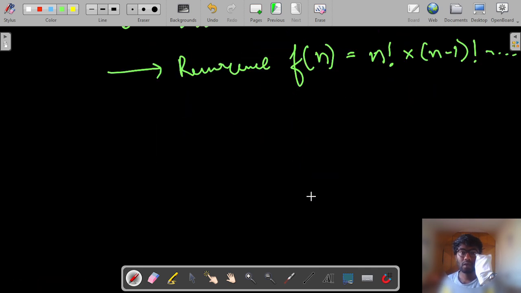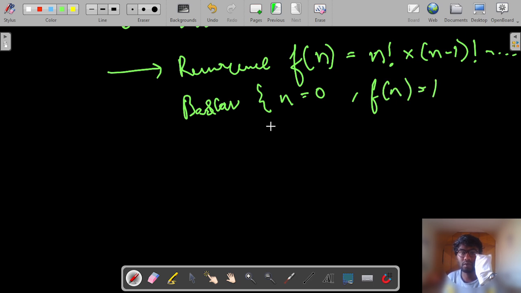And here the base cases would be, if n is equal to 0, f of n is equal to 1, and n is equal to 1, f of n is equal to 1.